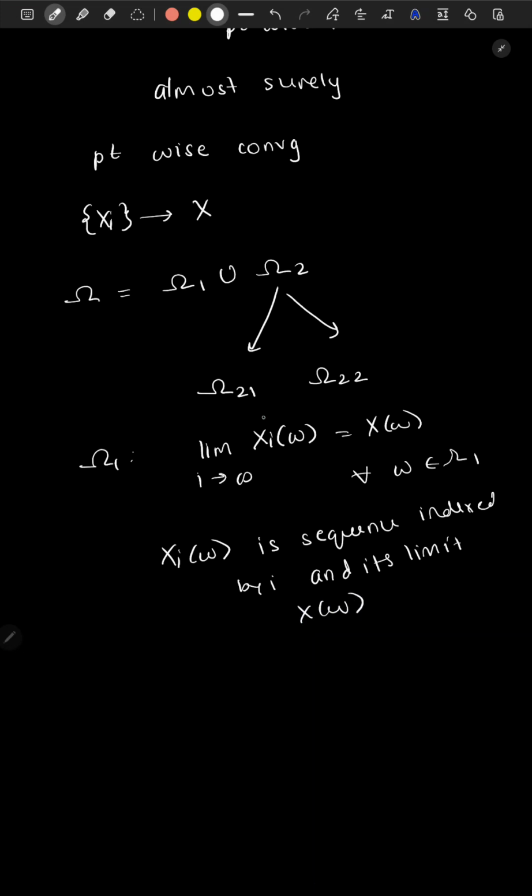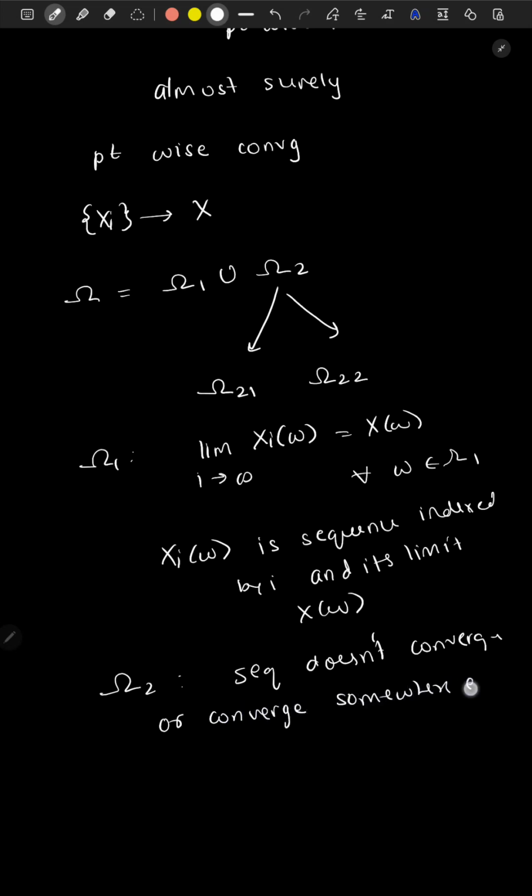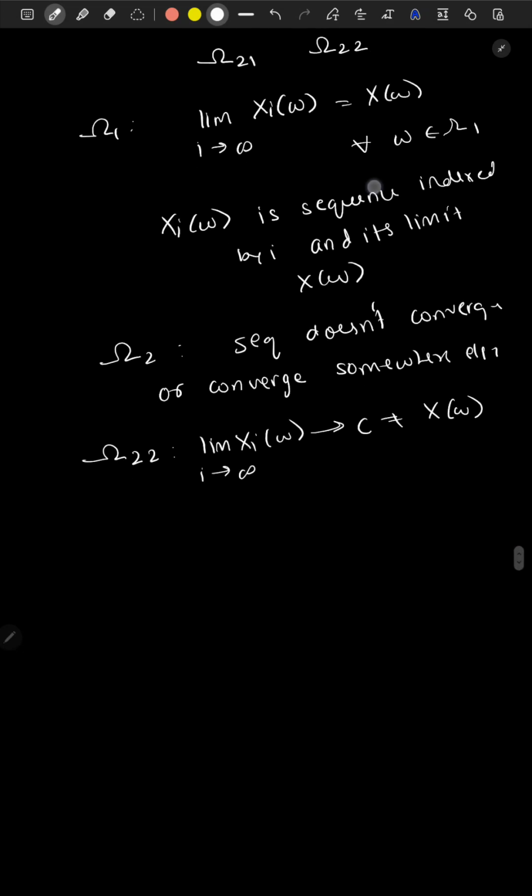So now there are two possibilities in omega 2: the sequence does not converge, or it converges somewhere else. So omega 2 is the set where this sequence x_i(omega) converges to c, which is not equal to x(omega), say. All such points are collected in omega 2.